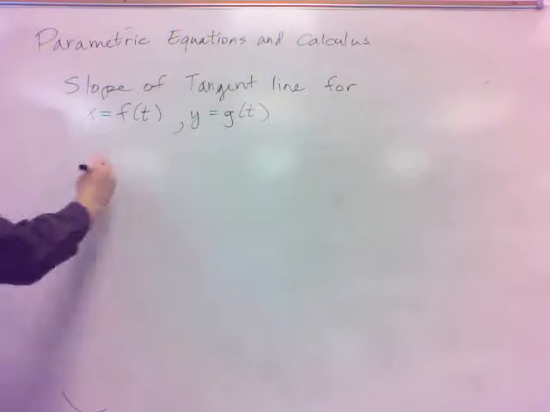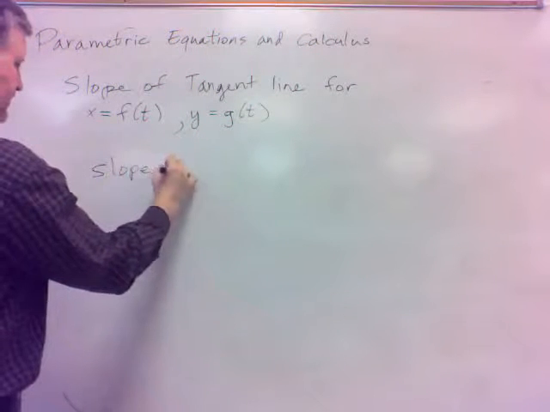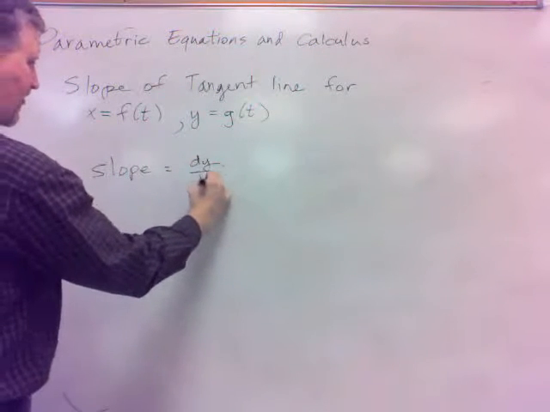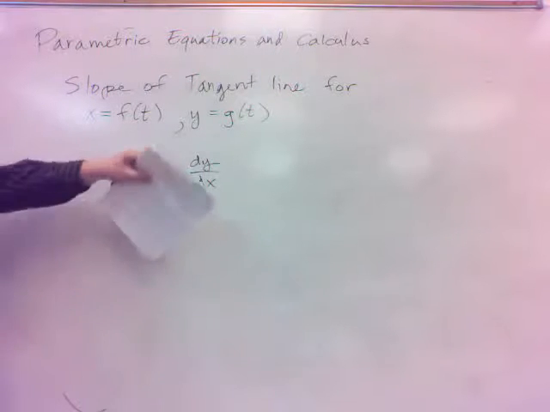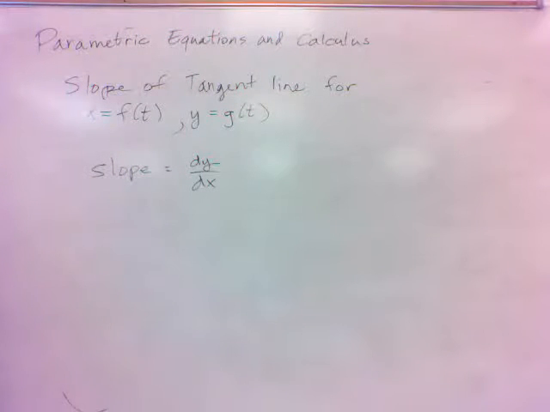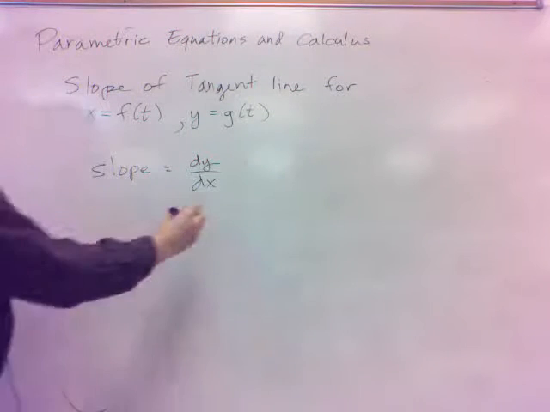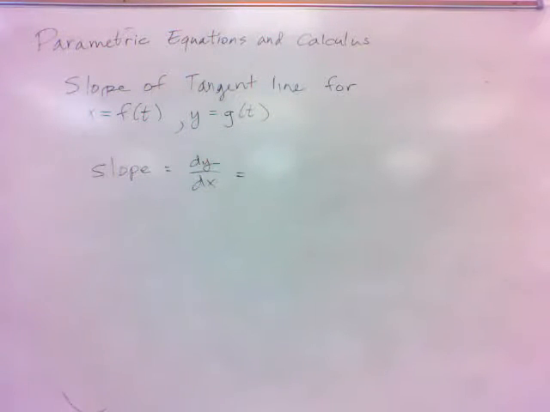Slope of a tangent is dy/dx, dy over dx. In our normal way of thinking, that is the derivative of y with respect to x. However, that's Cartesian thinking. This is still going to be the slope of the tangent. However, thinking of it in parametric terms, both y and x are in terms of t.